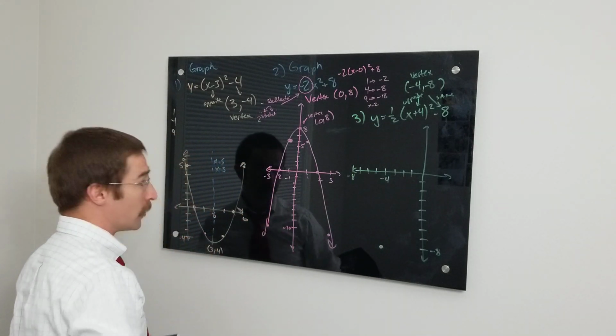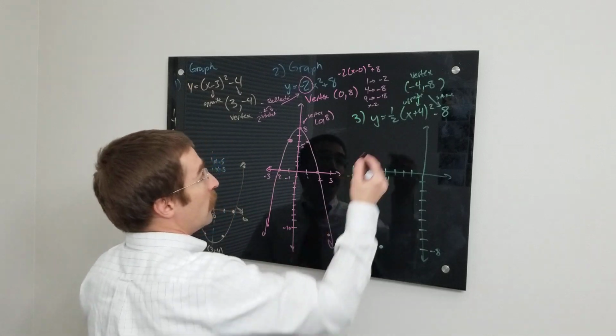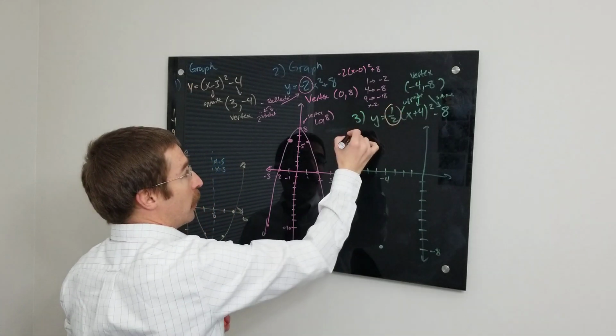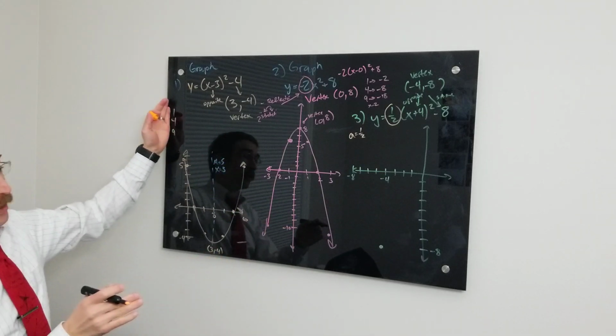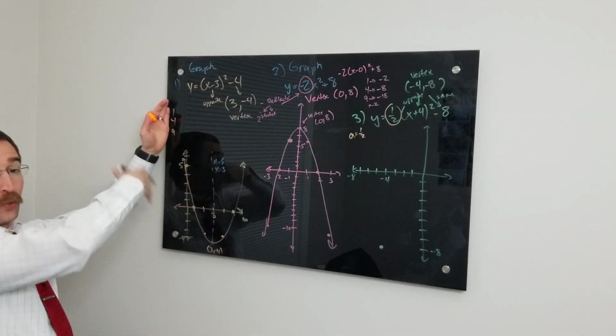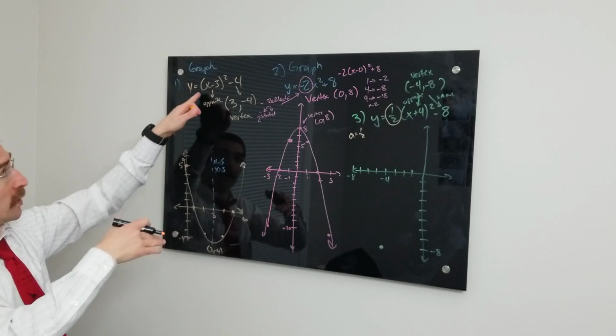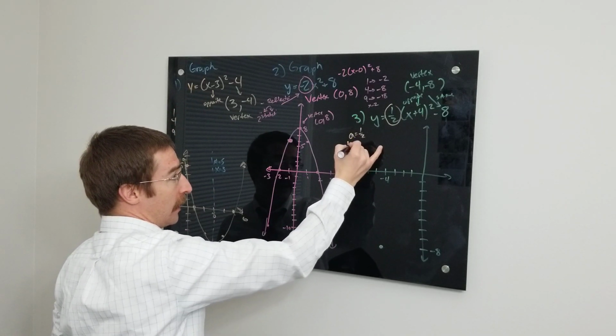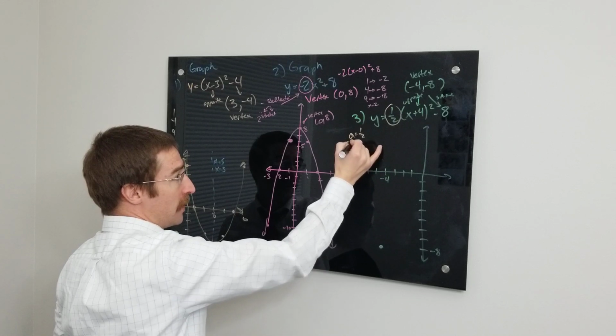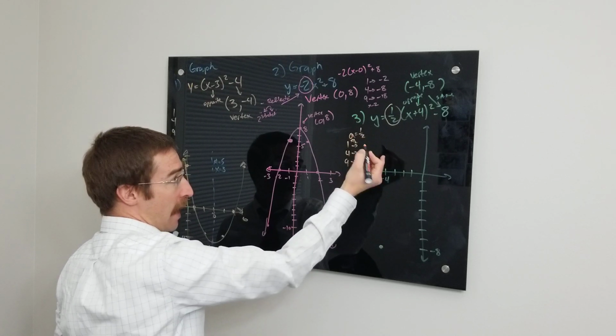Let's get orange. Here, the a value is 1/2. So remember how we had this 1, 4, 9 for our original, where a was just 1, or it wasn't written as a number? So we take the 1, 4, 9 and multiply all of these by 1/2.